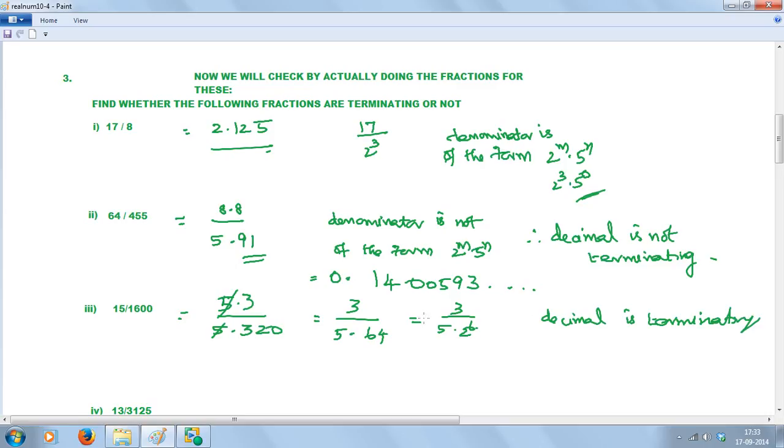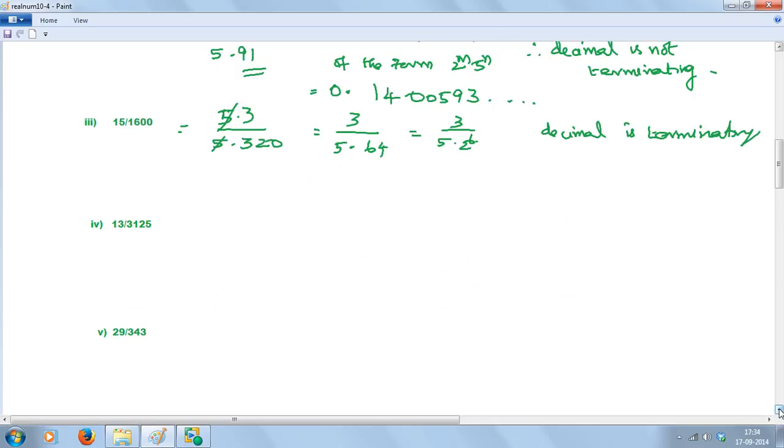So we can find out by actually dividing. 3 we can divide by 320. So next, shall we try dividing like this?